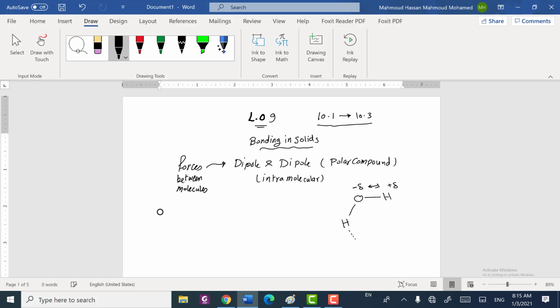But the attraction force between one water molecule and another water molecule, the hydrogen bond, in this case is called the intermolecular force.